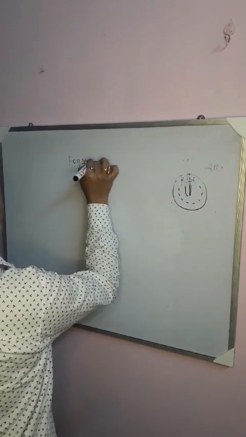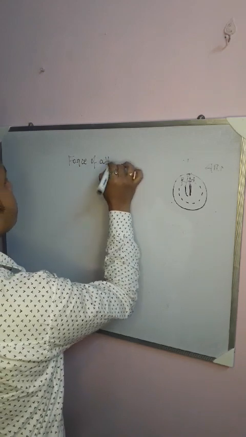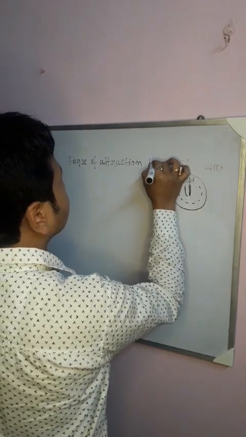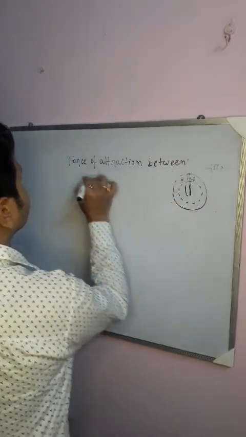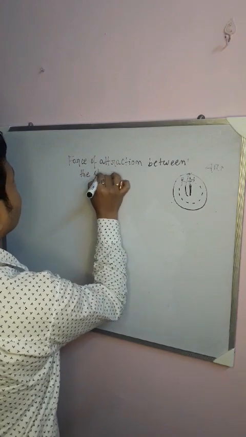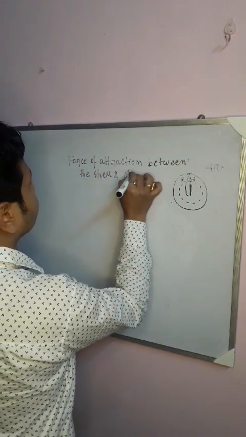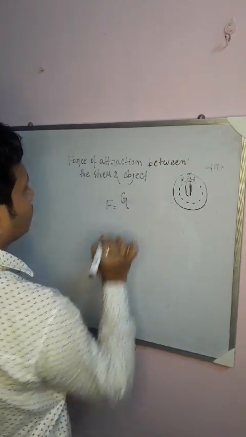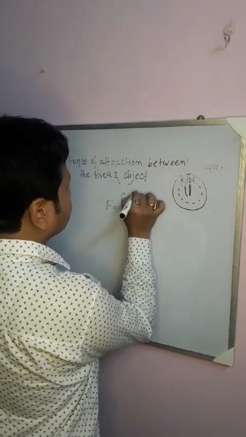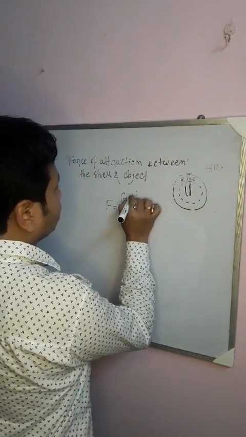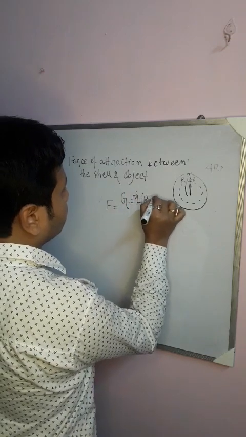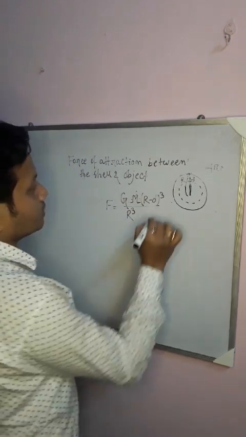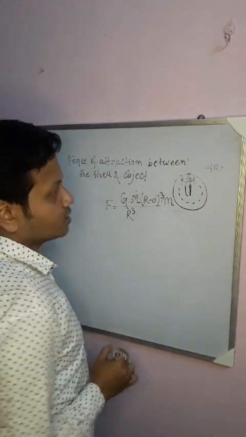So the force of attraction between the shell and the object, if we call it F, is G times the mass of the shell, that is M into (r minus d) whole cube by r cube, into m, the mass of the object, by the distance squared.